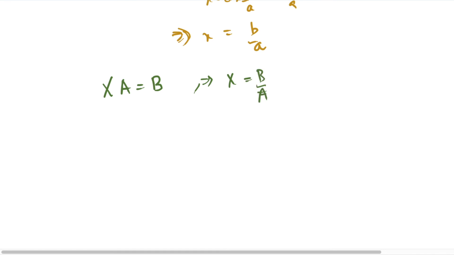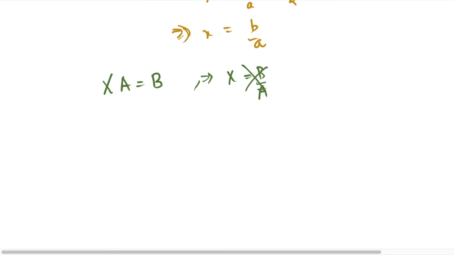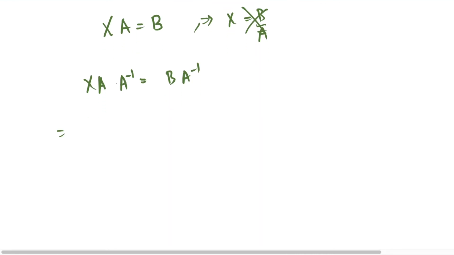We cannot divide it like this. But what if we multiply by A inverse on both sides? So XA, and if we multiply this by A inverse on LHS and RHS, this simplifies as A into A inverse becomes I, so this becomes XI is equal to BA inverse, and X times I would be X, and this becomes X is equal to BA inverse. Okay, so now we have our solution, assuming that we can calculate A inverse.